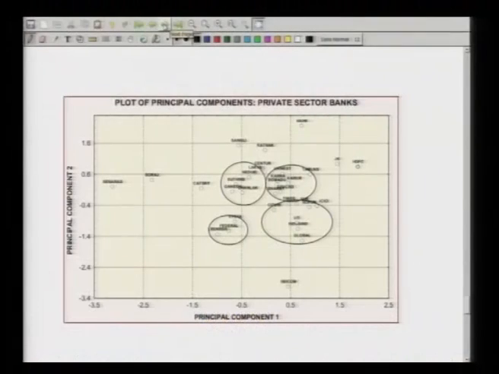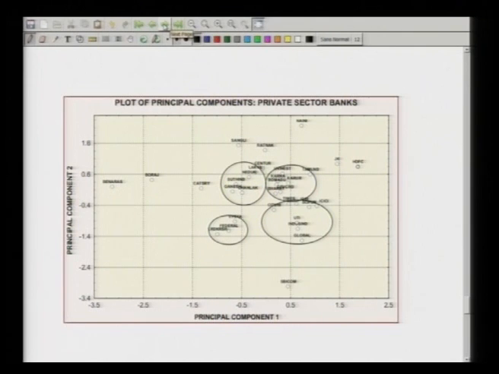If it is for the whole banking system of the country, you will do it for the combined data, right. So, the first one is for the private sector banks, and we saw that the first two principal components were good enough for us.